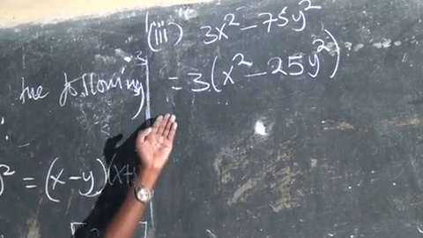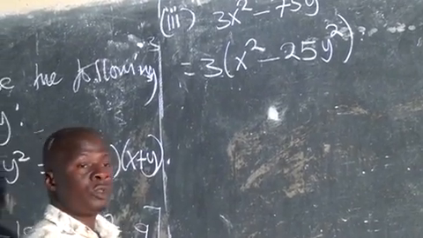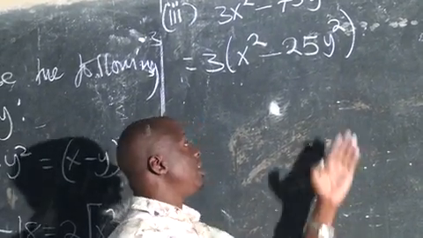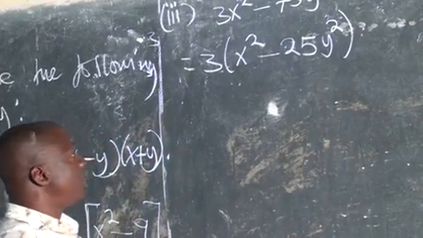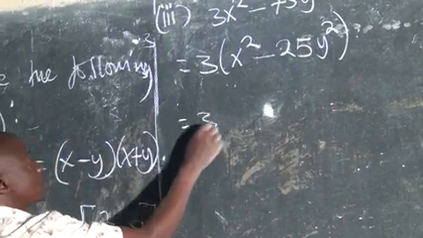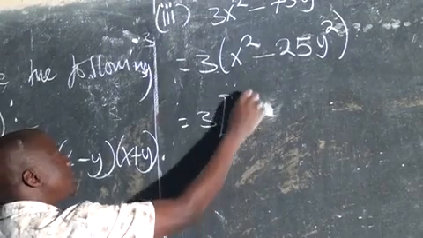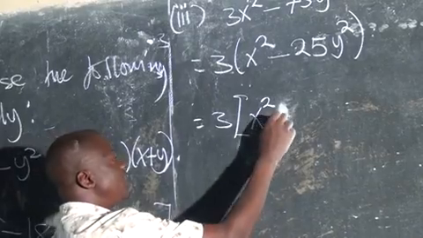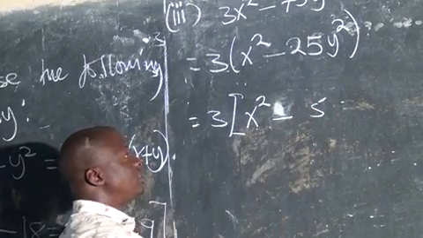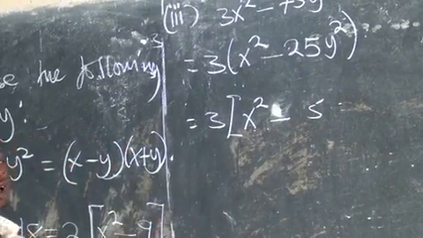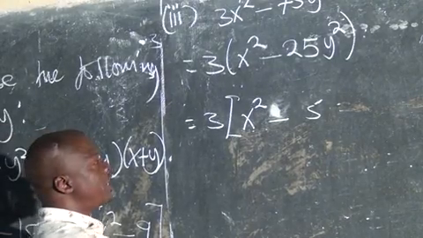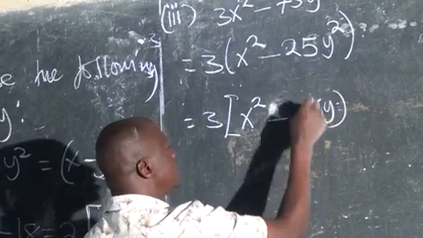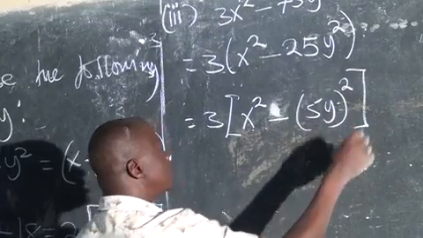Should you stop at this level, you'll be getting 1 mark. Go ahead to apply the difference of two squares, of which we know the square root of 25 is 5. We know also the square root of y squared is y. We shall put them in that bracket.